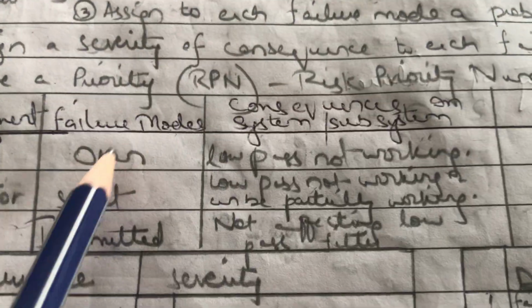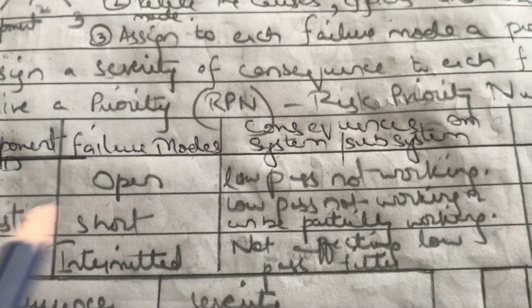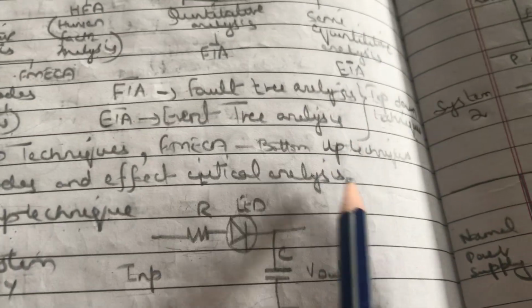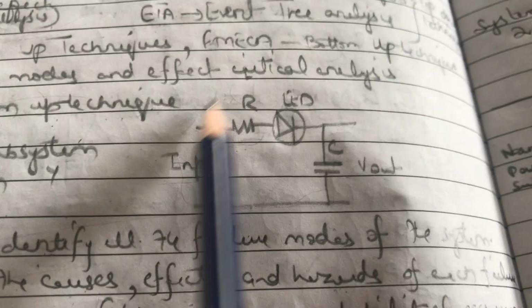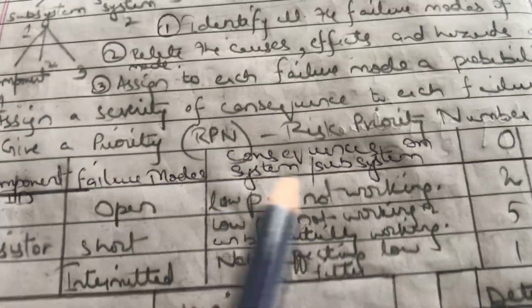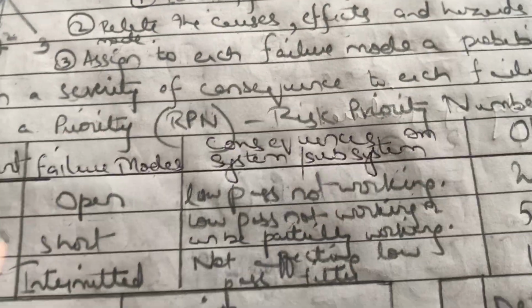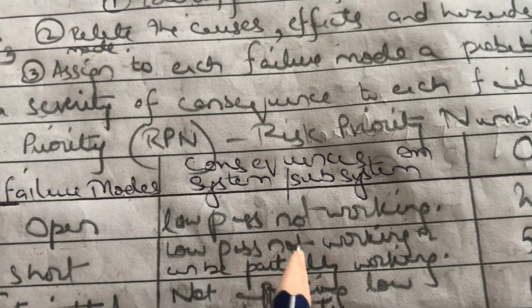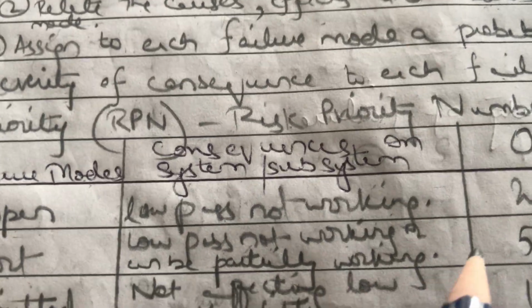Let's see. When we have the open failure mode, when our resistor is open, we say the low pass is not working. This is our circuit for a low pass filter. When the resistor is short, we say the low pass is either not working or partially working.